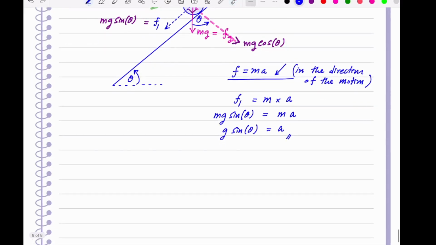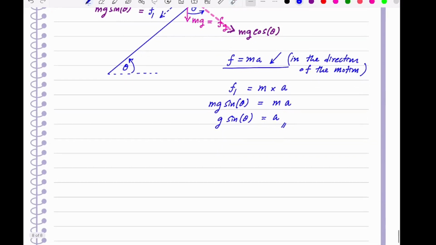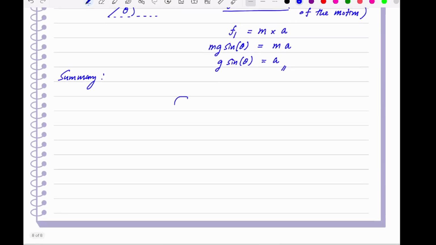Now the summary of the discussion. When you have an object on a slant plane, there is a force acting which is F1 in this direction. Due to this, there will be a motion, right? So we use F equals ma in that direction.